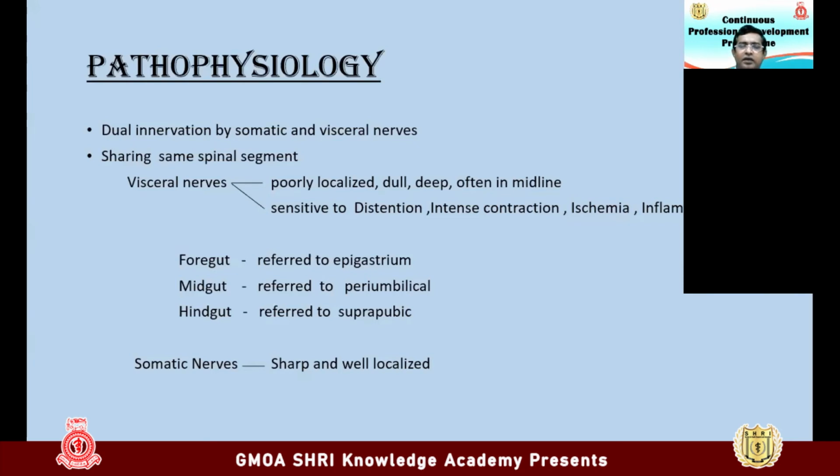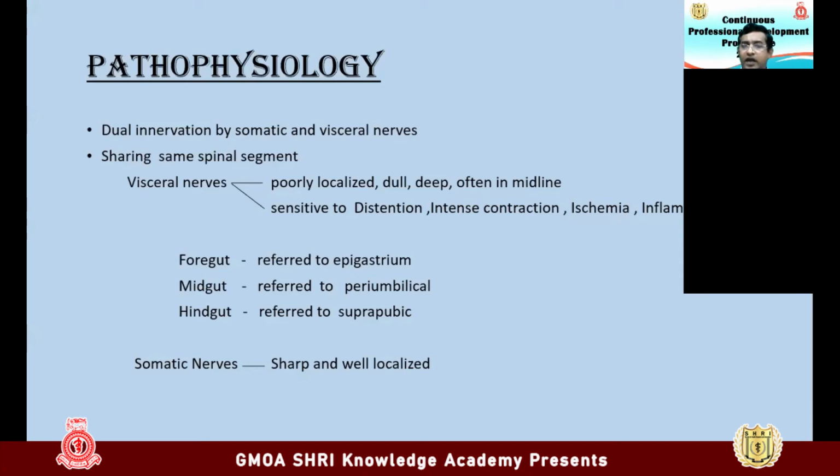When the disease progresses, the somatic nerves can get involved. The classical example is appendicitis. Initially the patient has a central generalized kind of pain, later localizing to McBurney's point in the right lower abdomen due to involvement of the parietal somatic nerves.